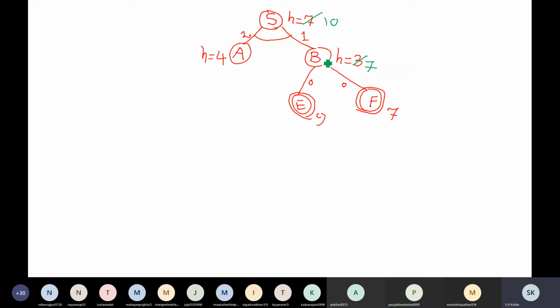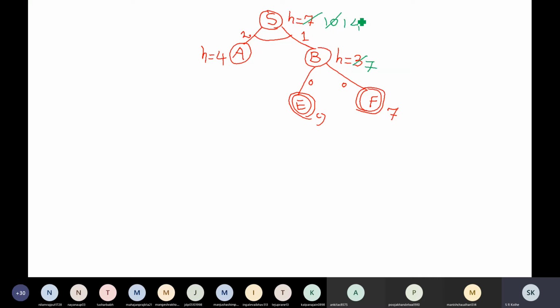Now B is child of S. This is AND, so the cost associated with S will change. Earlier it was 10. Now this will be 7 plus 4 plus 2 plus 1, that is 14. So instead of 10, the cost associated with S will be 14.